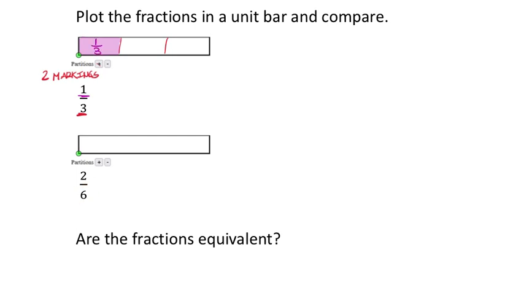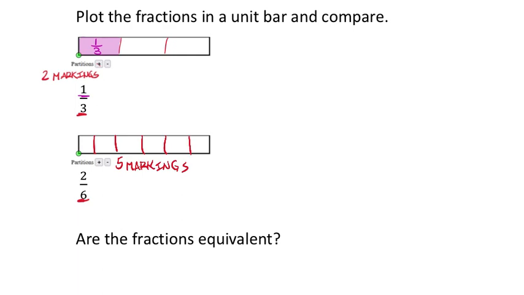So for this one, where this one down here is in sixths, well, then I need 5 markings. Okay, so we end up with something like this. 2, 3, 4, 5.